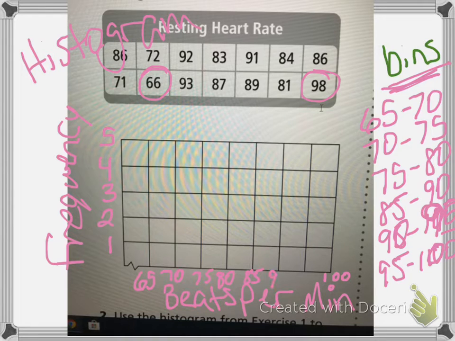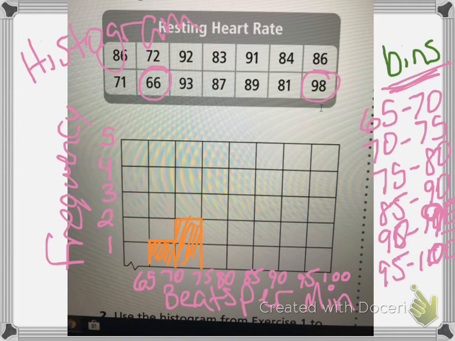85, 90, and 95. And what I end up with is one person's heart rate is between 65 and 70. We have 2 people that are between 70 and 75.